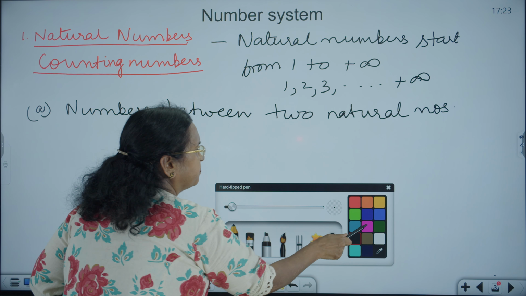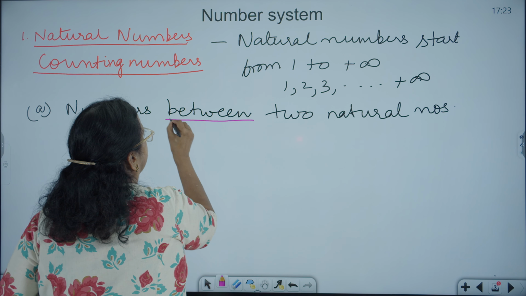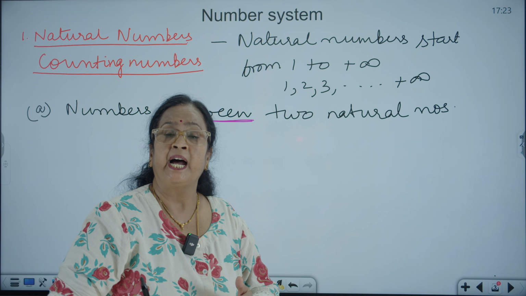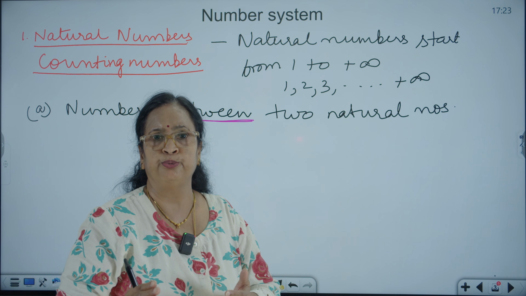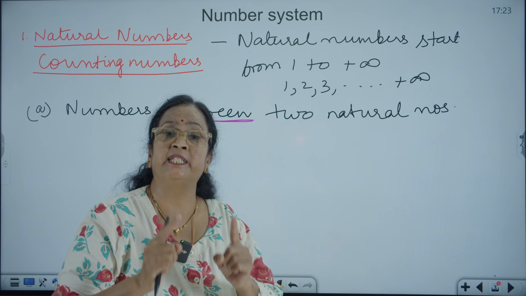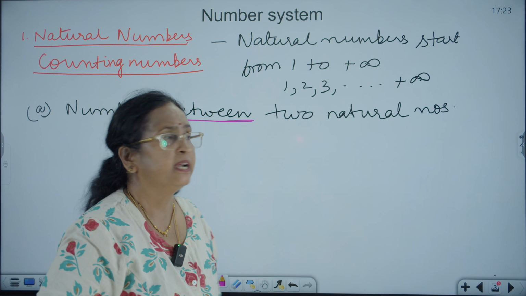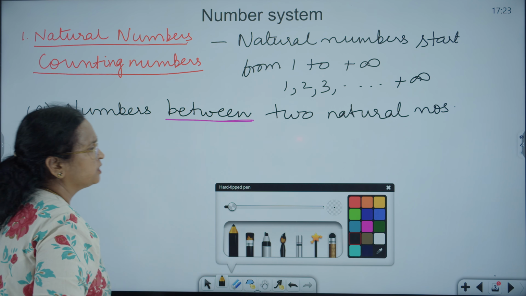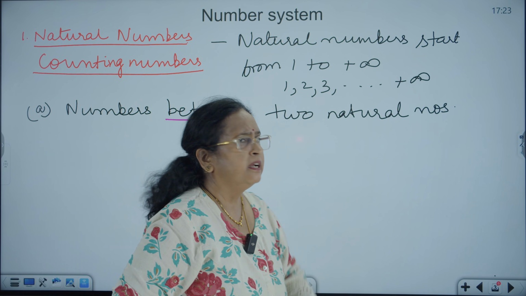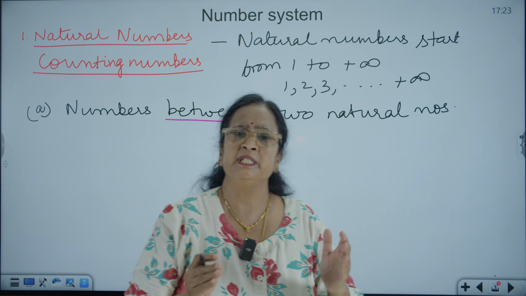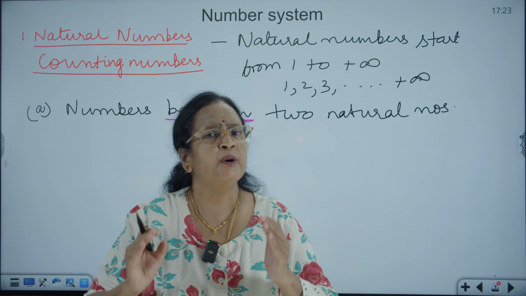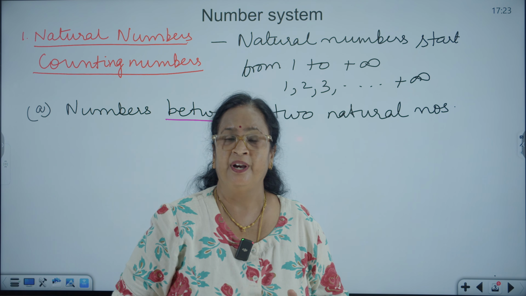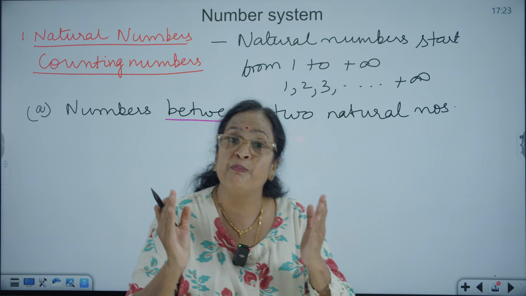Now, this word between is very, very important, because next I will be teaching you from and to. So, that word itself is very important, between. Now, when I tell you between, suppose I take the numbers 3 and 6. How many numbers are there between 3 and 6? Correct, 2. How could you tell? Because they are small numbers.